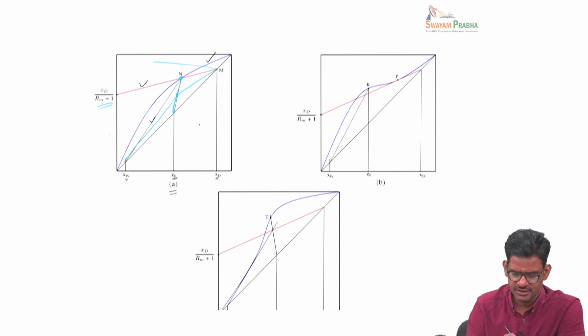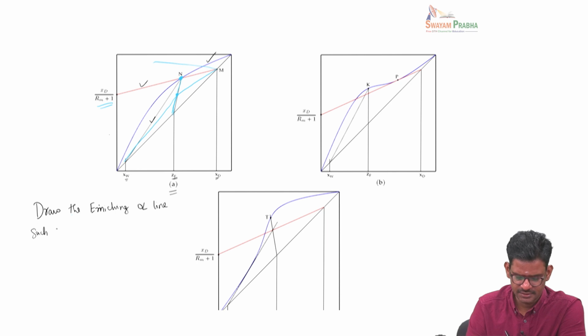So what we are saying is: draw the enriching operating line such that it intersects the equilibrium and Q line at point N here.